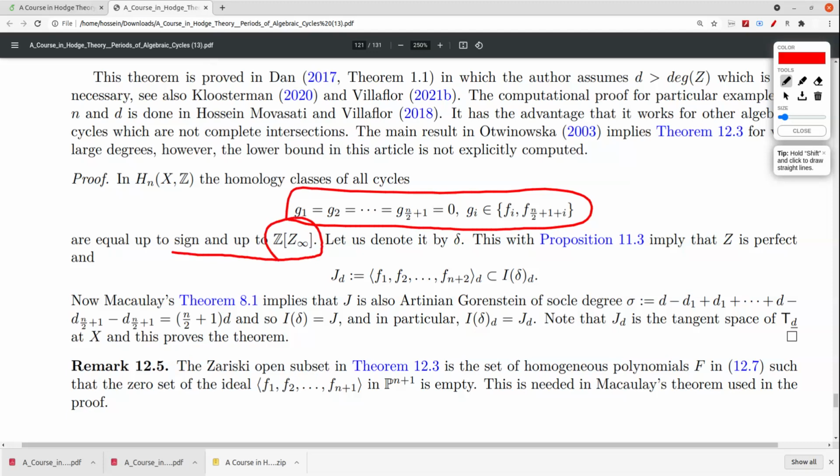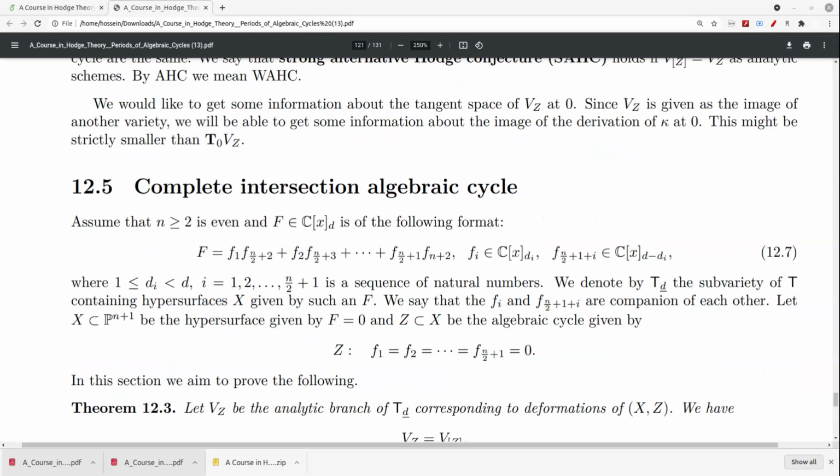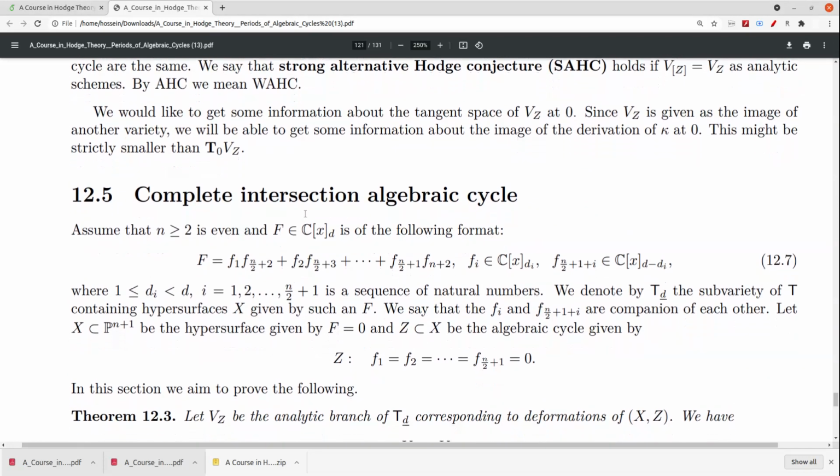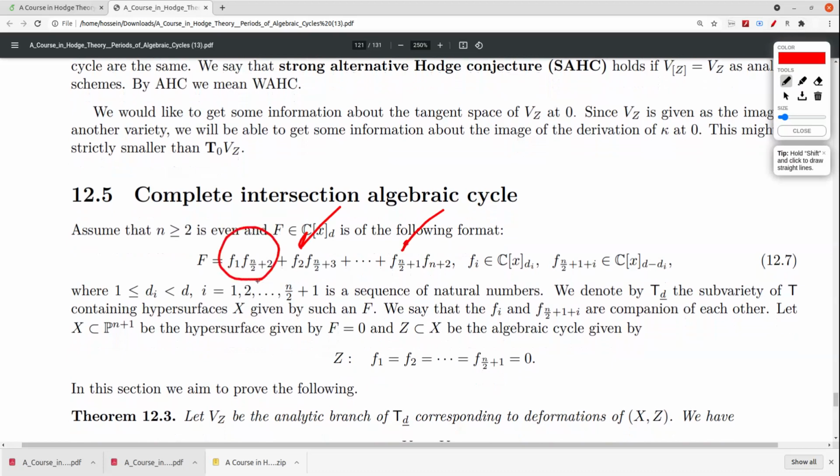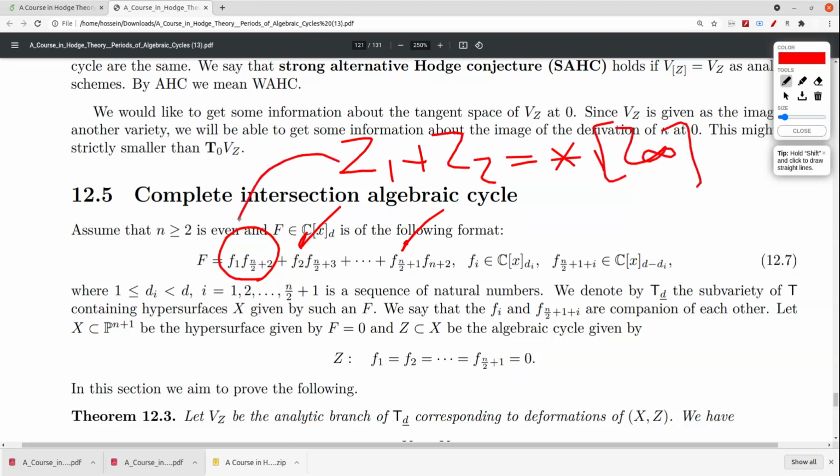This is because, for instance, if you just take f2 equal to 0, fn plus 1 equal to 0, and then these two guys equal to 0, you will get z1 plus z2, which is a multiple of the polarization, z infinity. z1 corresponds to f1, z2 corresponds to fn plus 2.